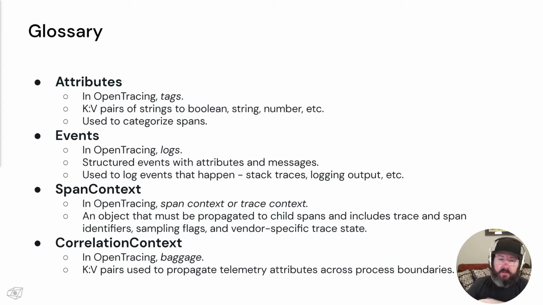Spans can also have events. These were logs in OpenTracing. And these are simply structured event data. So you can have attributes on an event. You can also have a message, like a stack trace. This is where you would put your logging output. This is where you would put stack traces. This is where you'd put any kind of event that you wanted to keep track of.